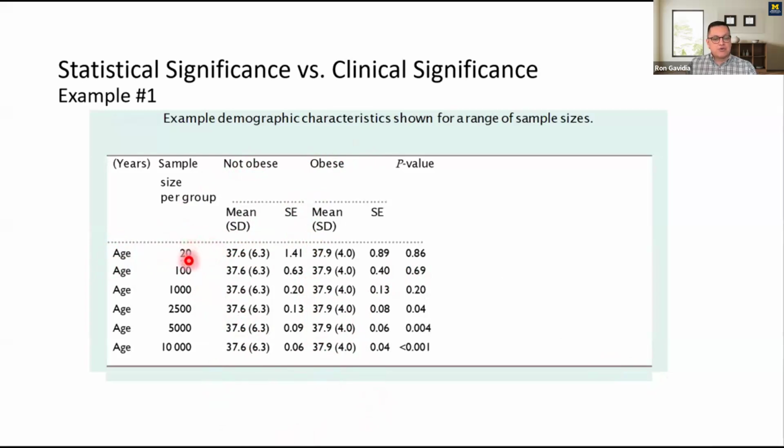As you can see, as we go down, the sample size is getting larger and larger. And as that is happening, we see that the standard error and the p-values are getting smaller, smaller, and smaller. Just to remind you, the standard error is basically a measure of how precise the estimated sample mean is relative to the population mean.